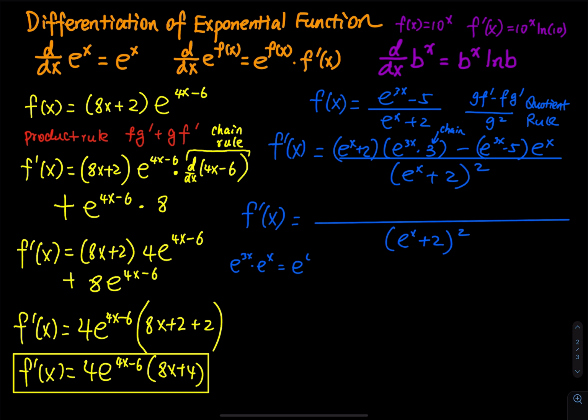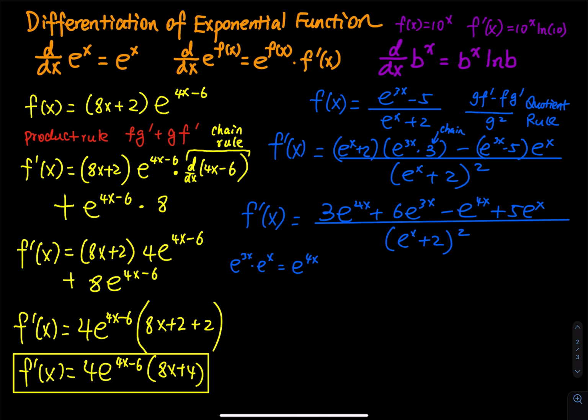That is e to the 4x, because 3 plus 1 is equal to 4. So we have 3 e to the 4x, and then plus 2 times 3, which is 6e to the 3x, and then minus e to the 4x, and then plus 5e to the x.